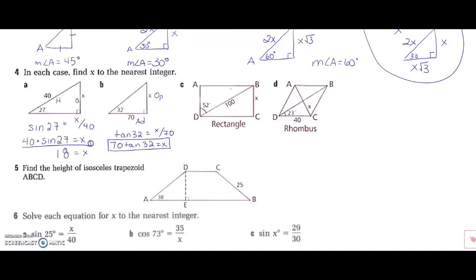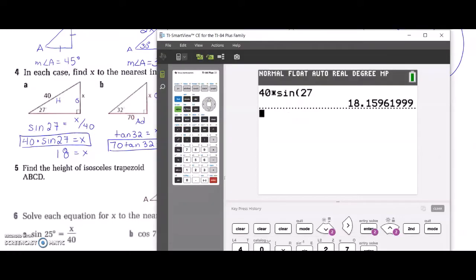So on some assessments, especially the ones where you cannot use a calculator, you will be asked to provide calculator ready mode. That's what it means. So then I can go to my calculator and type in 70 tangent 32 to the nearest integer. We're at 44.